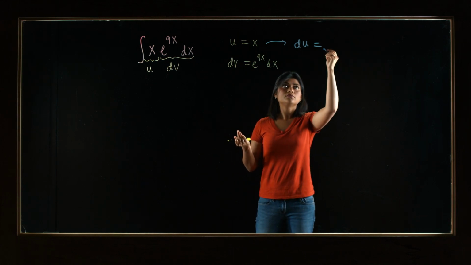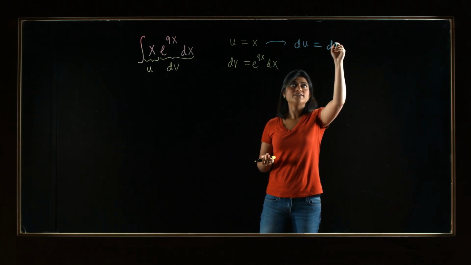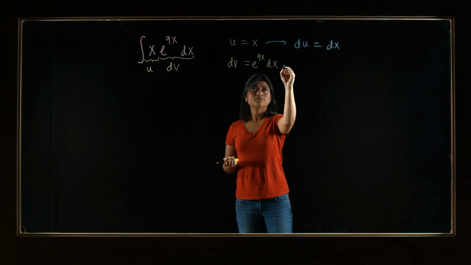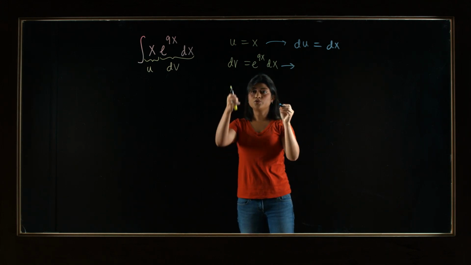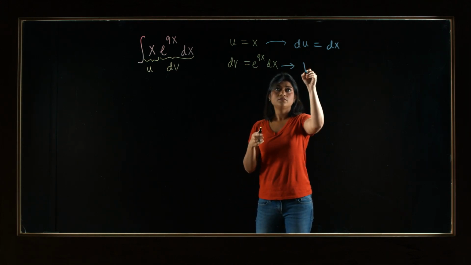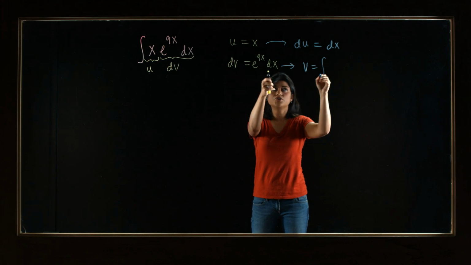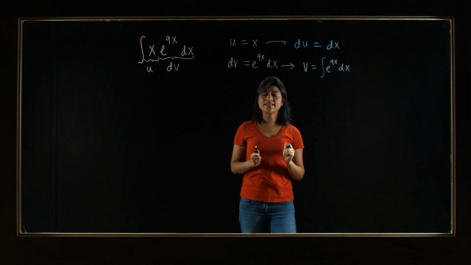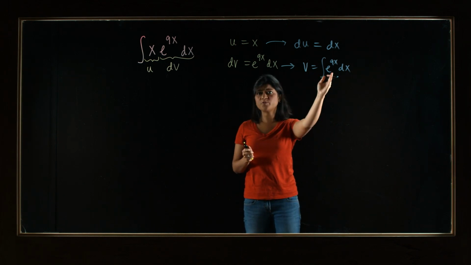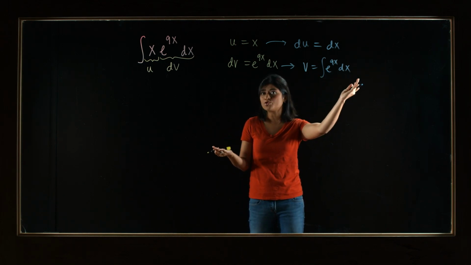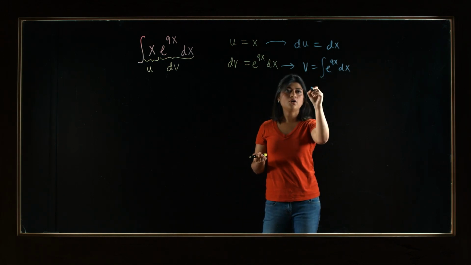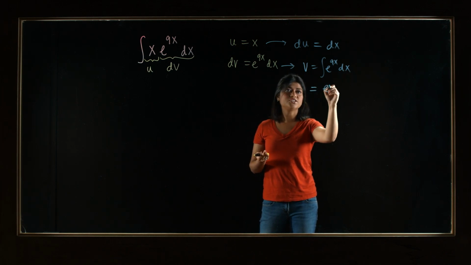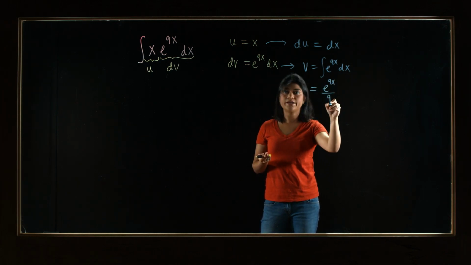It's just 1 dx, so du is dx. And for the second one, to extract v, we need to integrate the function e to the 9x dx. Notice that an exponential function is easy to integrate, right? If you integrate it, it'll just be itself over 9.